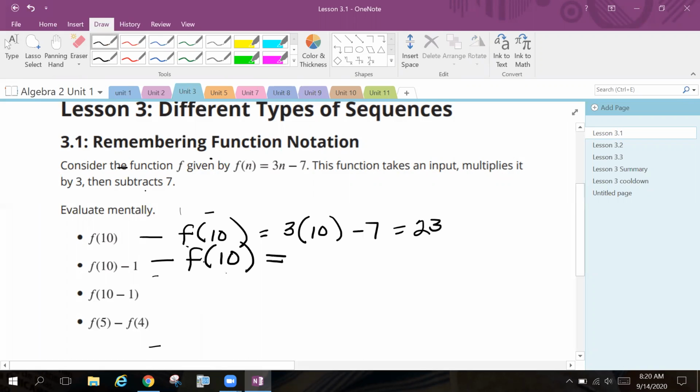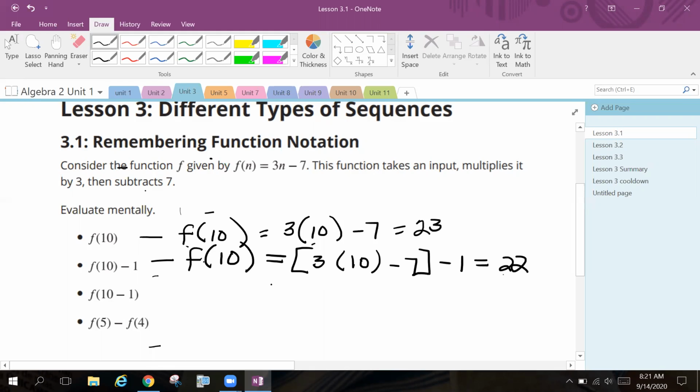All right, so you had this big picture. The big function was 3 times 10 minus 7, and then they added a minus 1. So you'd already had 23, and then minus 1 would make it 22. Okay.